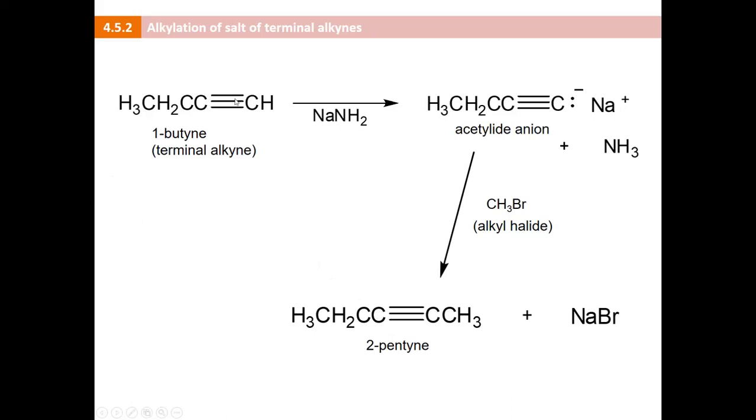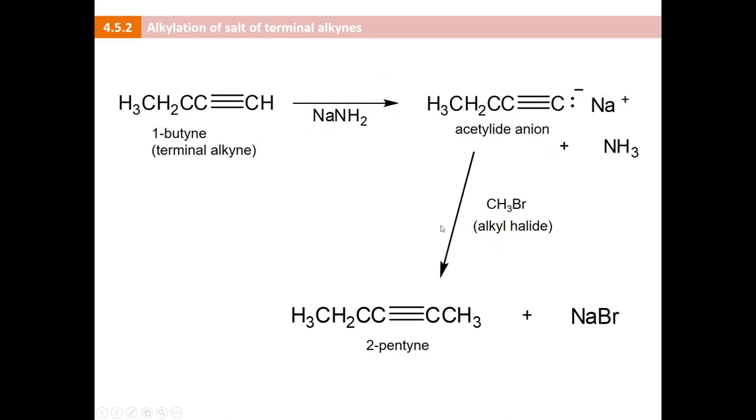Okay, when 1-butyne reacts with sodium amide, this hydrogen will leave the carbon, so it will produce what we call a carbanion, and here it will produce sodium with a positive charge that comes from here.